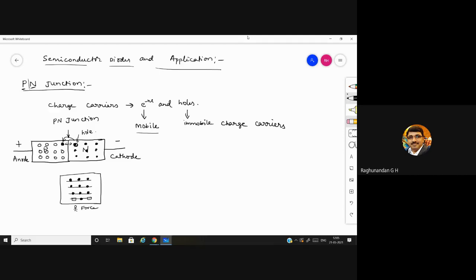In this class we have 12 seats. Among 12 seats, 10 seats are occupied. 2 seats are vacant. So the teacher is going to call this person to come and sit here.